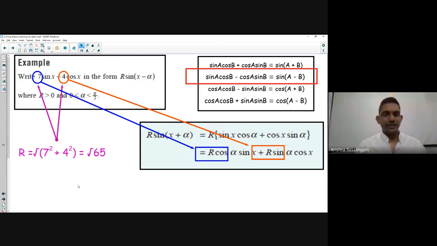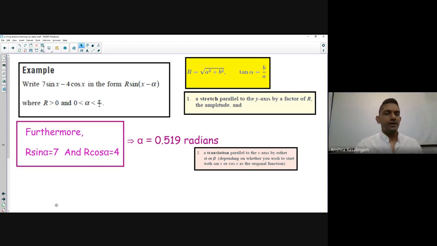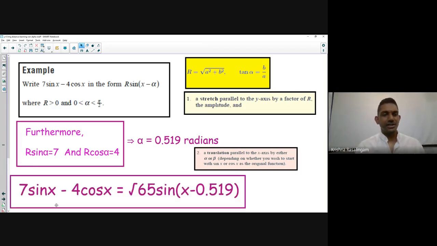And we always do that to find alpha. So now we know R, it follows that we can figure out what alpha is. So if R cos alpha is 7 and R sin alpha equals 4, alpha, in radians, is 0.519 radians. So the final answer is 7 sin x minus 4 cos x is root 65 sin of x minus 0.519.